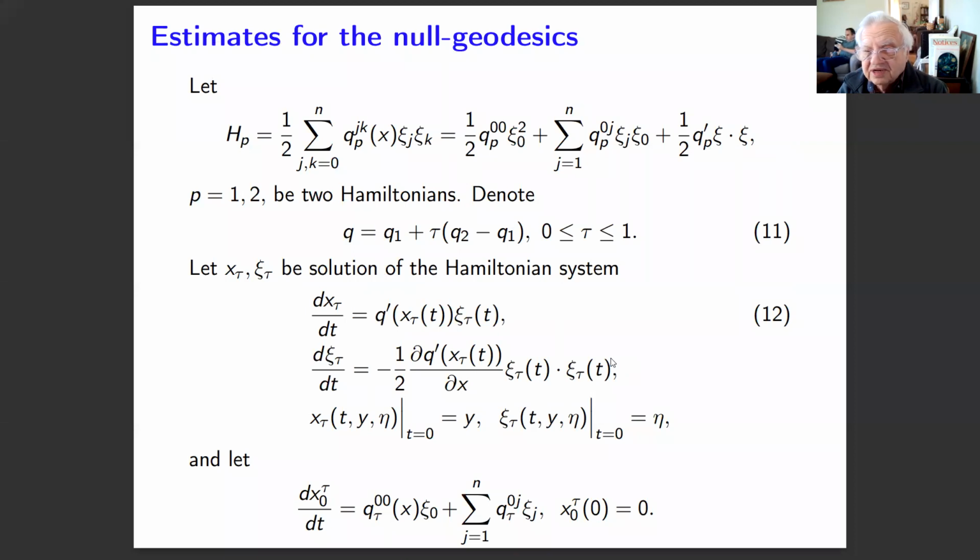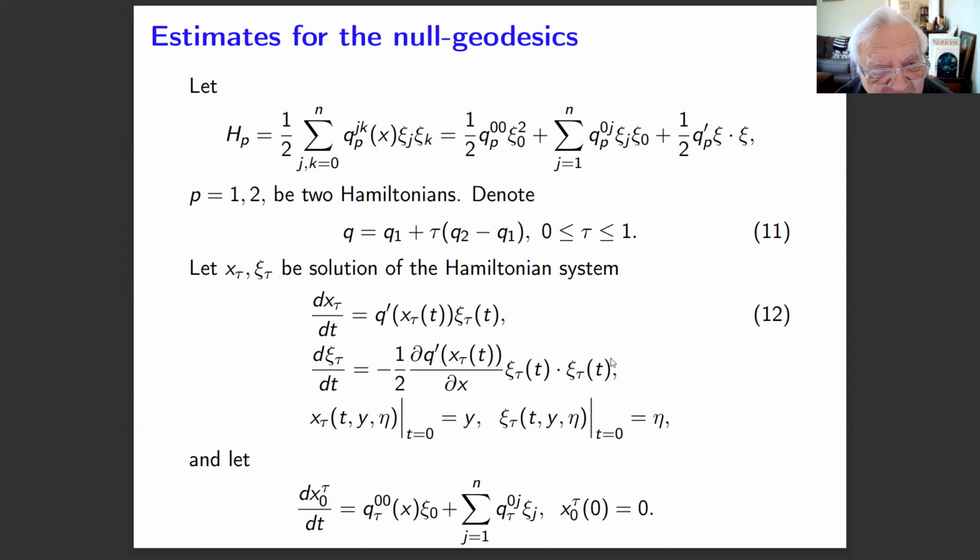To describe the proof of the theorem, first we start with an estimate for null geodesics. Once again, let H_P be the Hamiltonian, for P equal 1 and P equal 2. Denote by Q the straight line connecting these two metrics, Q equals Q_1 plus tau times (Q_2 minus Q_1).